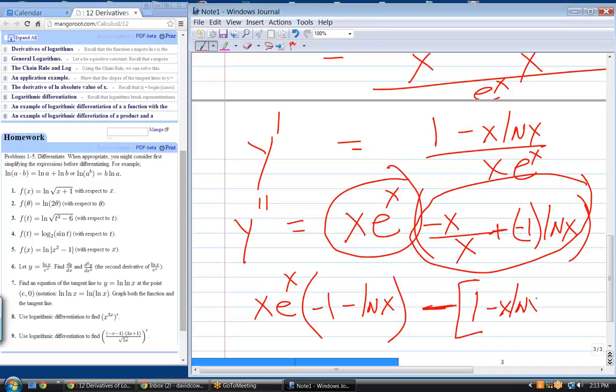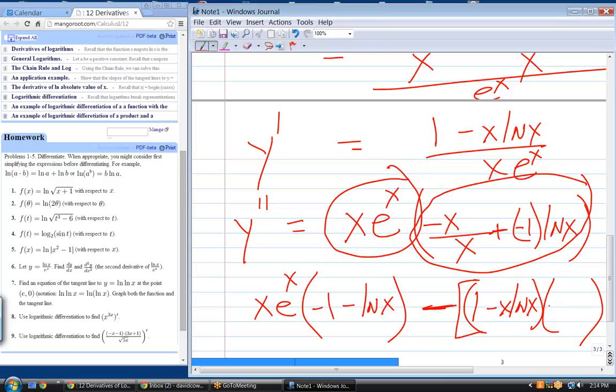Well, there's the top. What's the derivative of the bottom? x e to the x. Well, no, we got to apply the product rule.